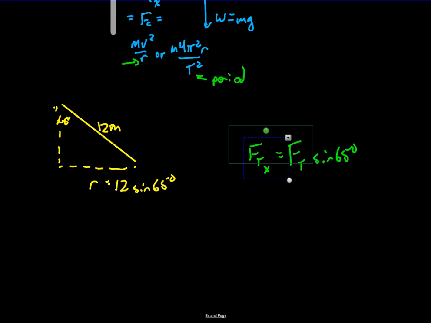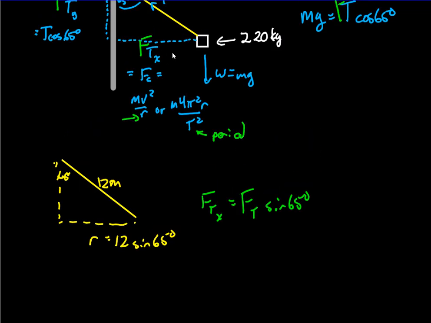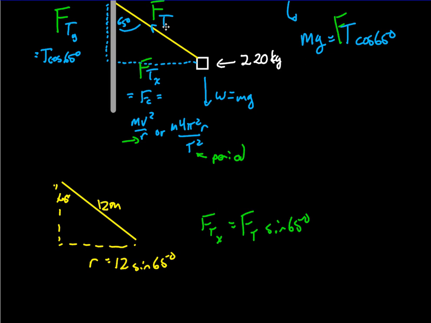And since we've established that that x component of the tension force is providing the centripetal force, then it should be equal to mv squared over r. However, we've established that r is 12 sine 65. So we should get this.